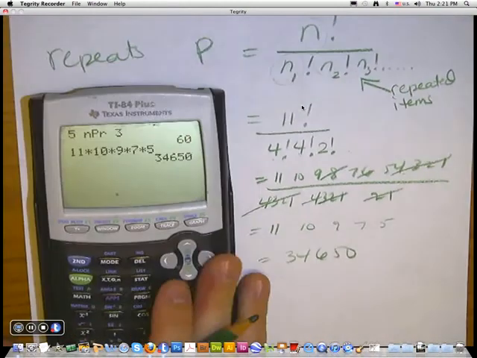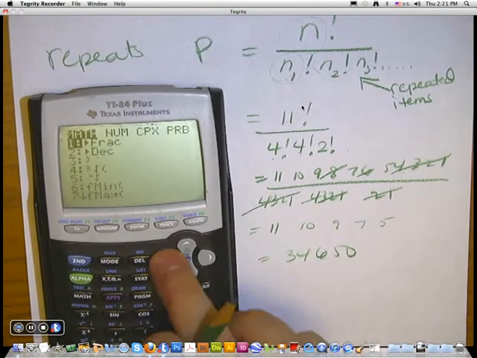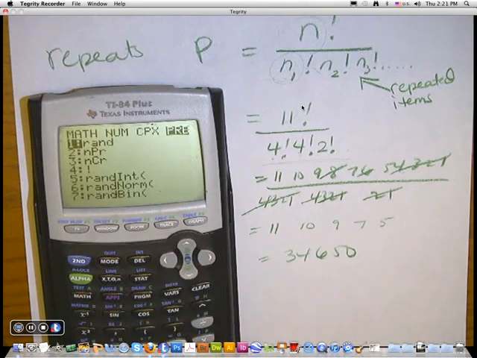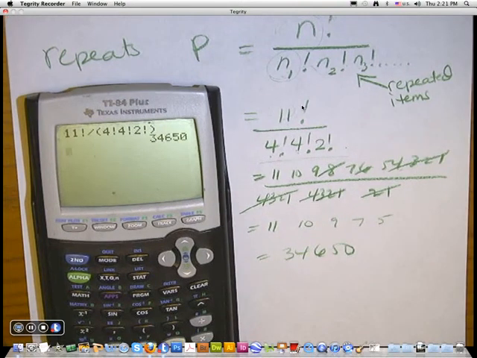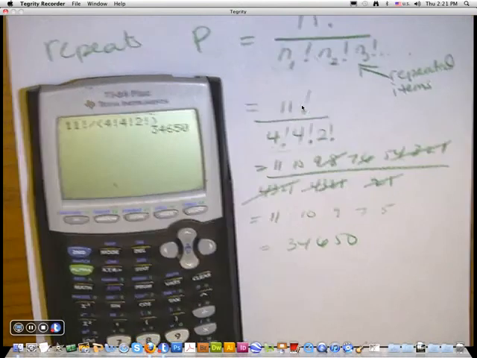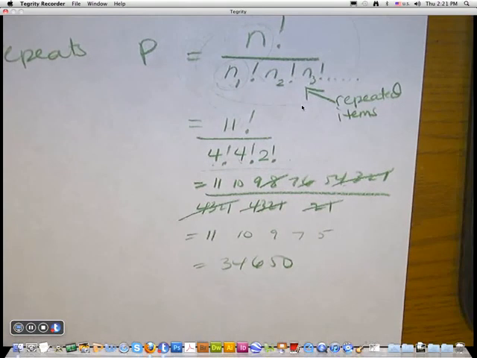Or we could use the calculator and say 11 factorial divided by, use parentheses, all of these things, 4 factorial, 4 factorial, 2 factorial. And we get the same answer. I would personally use a calculator. But you're welcome to do it by hand. And if you don't have a calculator on Quest Day, then you'll have to do it by hand. But what's most important is that you understand how the formulas work.